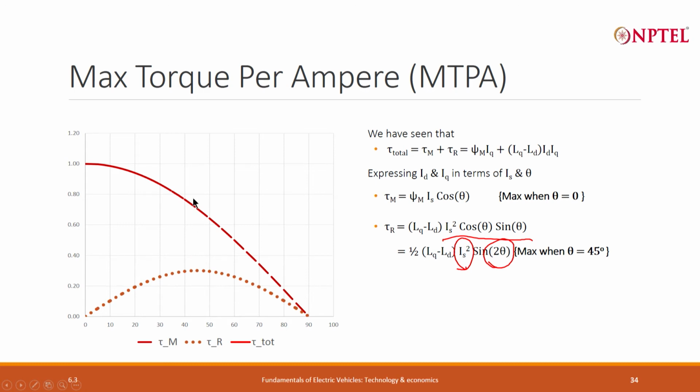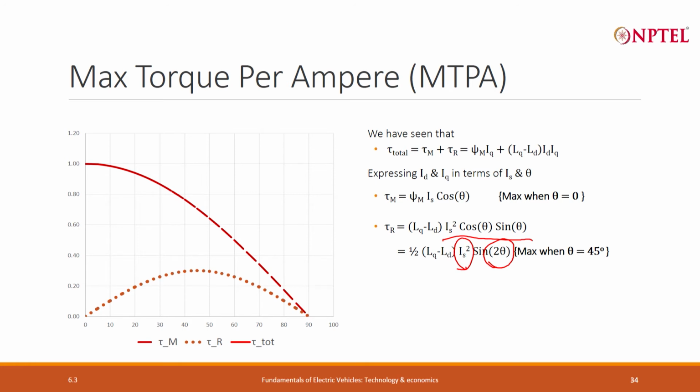If I actually add it I will get something less than 1. So, 45 degrees is not optimum for the total torque, but it is optimum for the reluctance torque. 0 degrees is optimum for the magnetic torque, but also not optimum for the total torque.